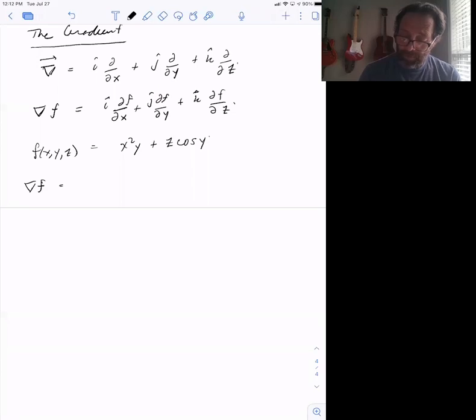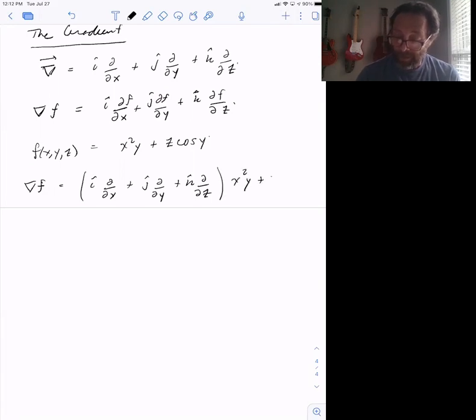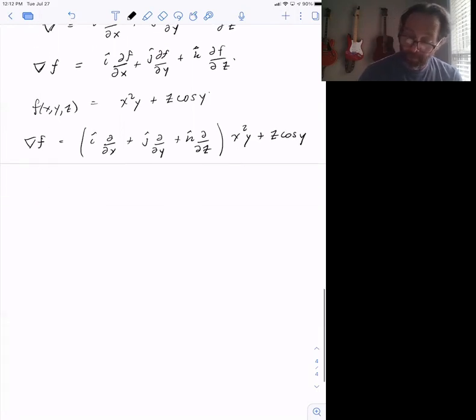So in this case, we would have I hat partial x plus j hat partial y. And let's go ahead and emphasize what it is by writing it again, acting onto x squared y plus z cosine y. Let's put that in brackets.